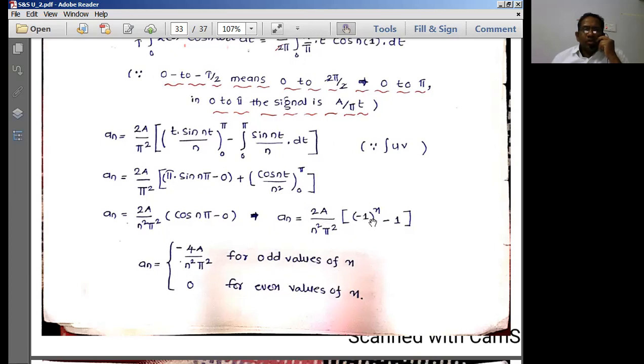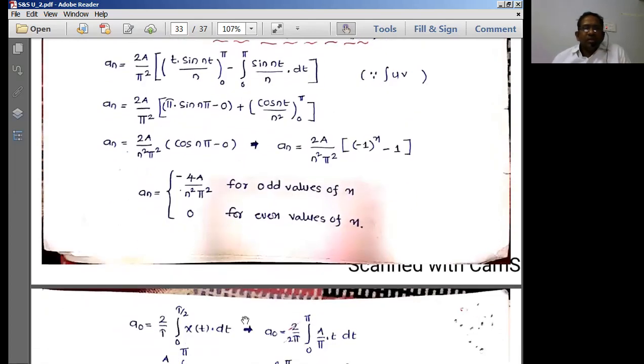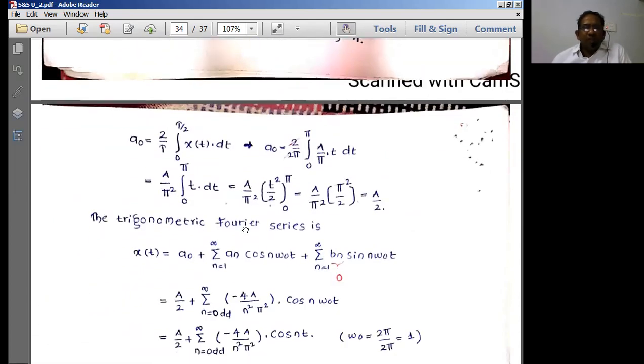So 2 into this is going to be what now? Minus 1, that is minus 2. 2 into 2, 4, minus 4A by n square pi square. If n is even, it becomes plus 1, so plus 1 minus 1 will get cancelled. I'll be having 0 here. So these are the coefficients which we can have.